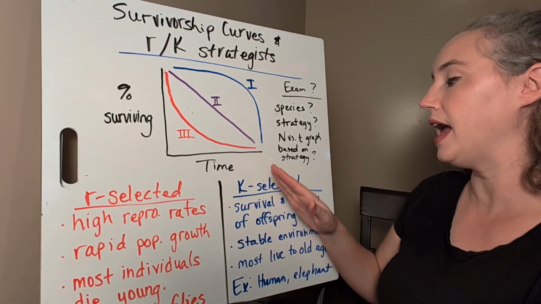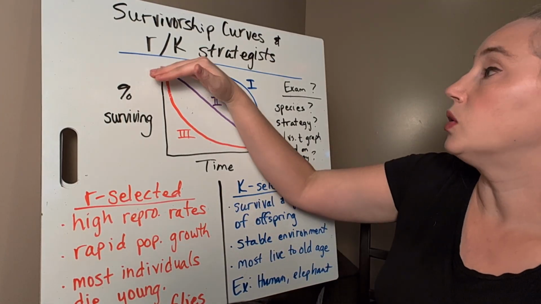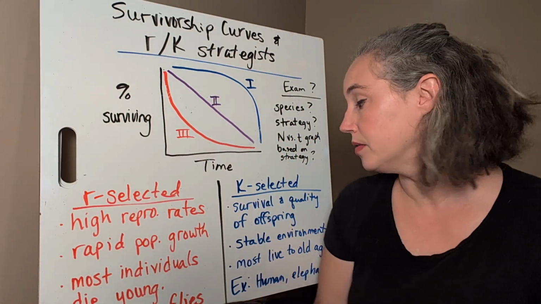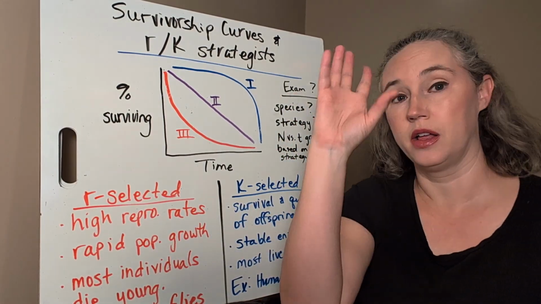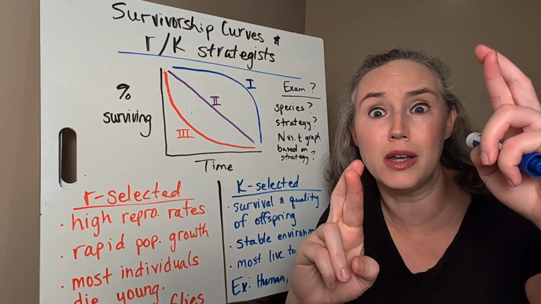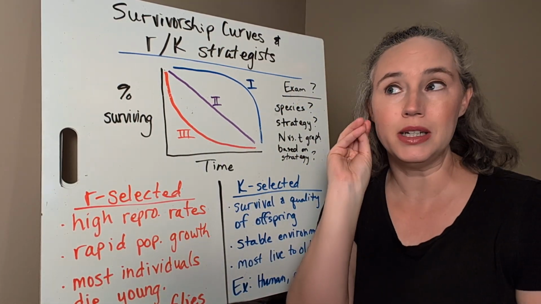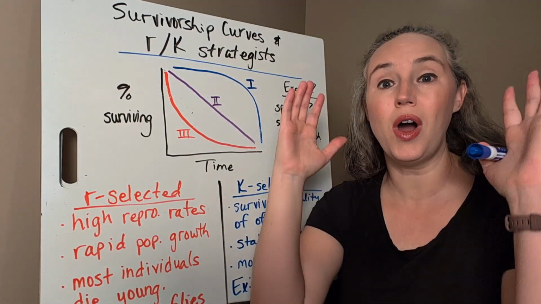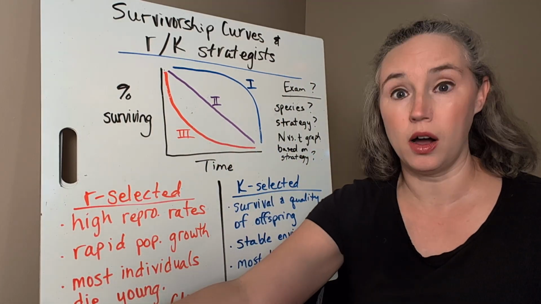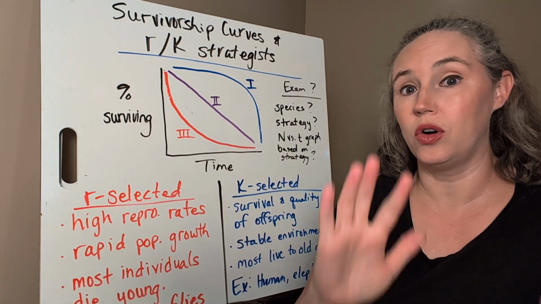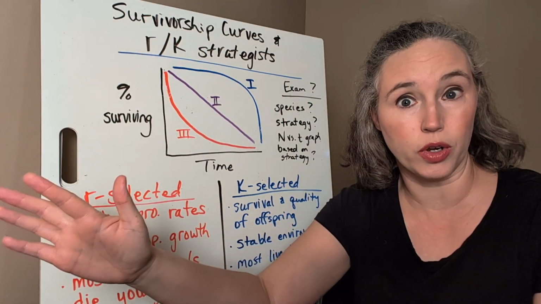Whereas a K-selected species, which is more like your type 1 folks over here, the focus isn't on having the most babies and hopefully it works out. It's on putting energy and effort into a few high quality offspring and ensuring their survival to reproduction for future generations.